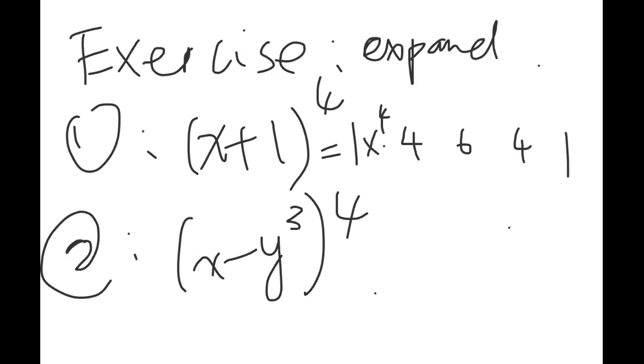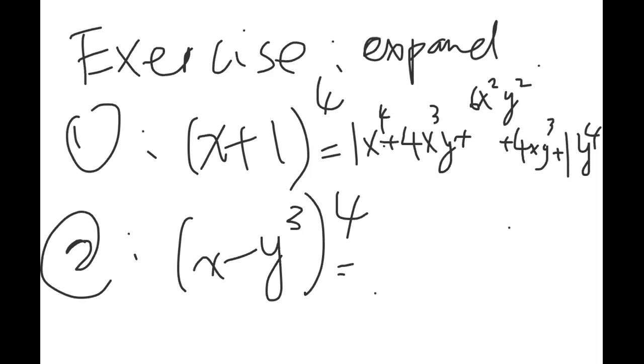X to the fourth, x cubed y, 6x squared y squared, and then 4xy cubed, and finally 1 times y to the fourth.